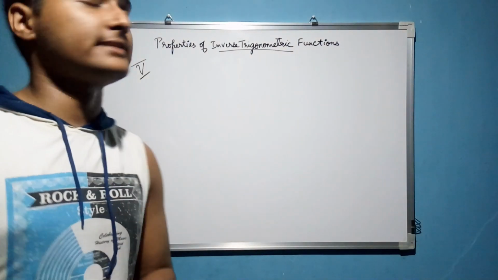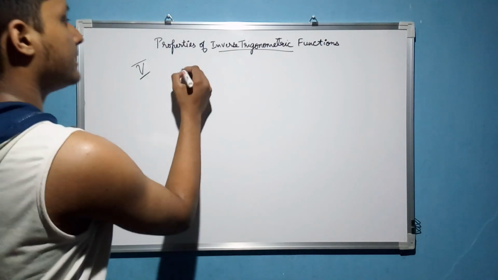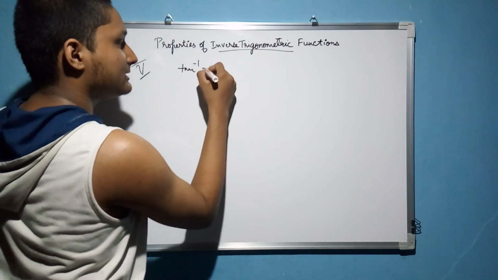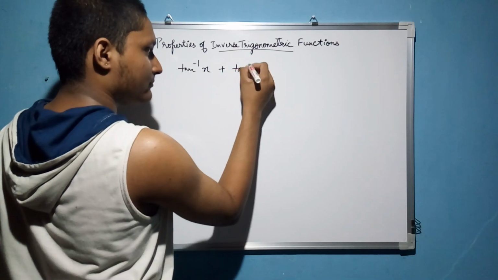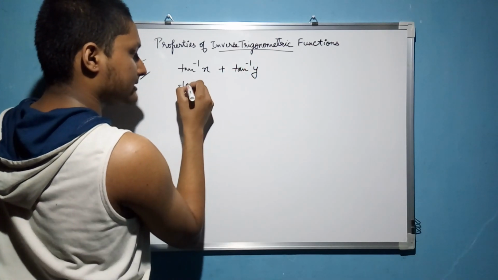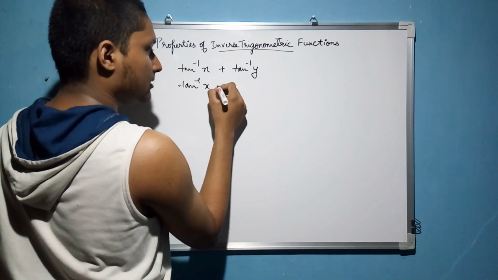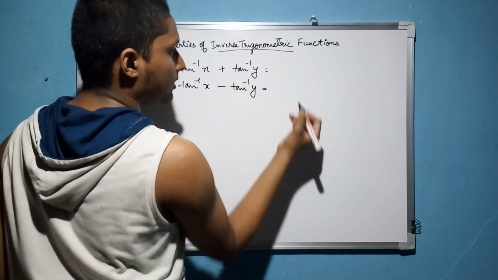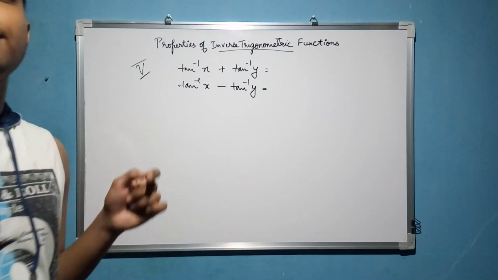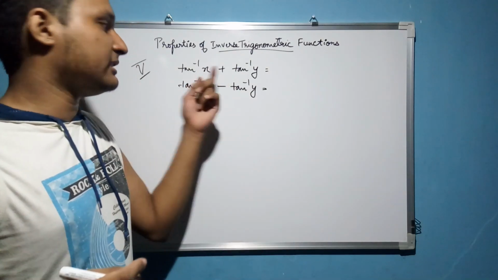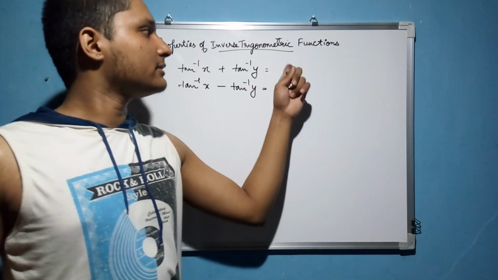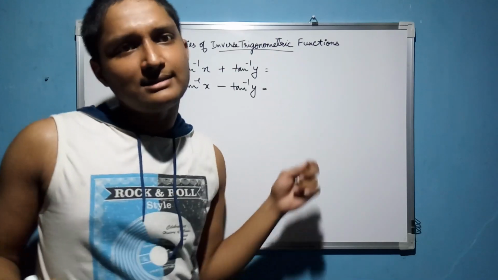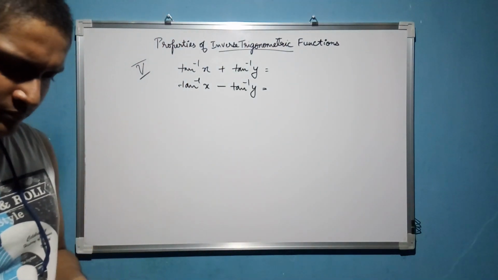Now you have the fifth set of properties, that is addition and subtraction involving tan inverse functions. Okay, this is tan inverse x minus tan inverse y, what it will be equal to. If I am given two terms with tan inverse and I want to get only one term for that tan, what am I going to do?